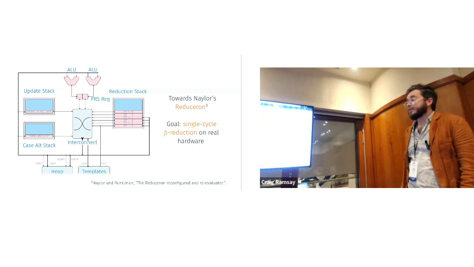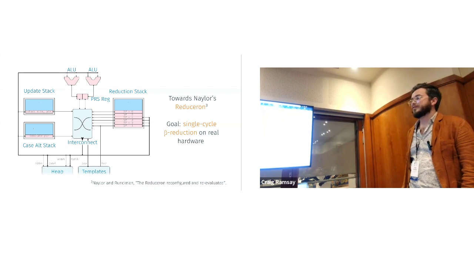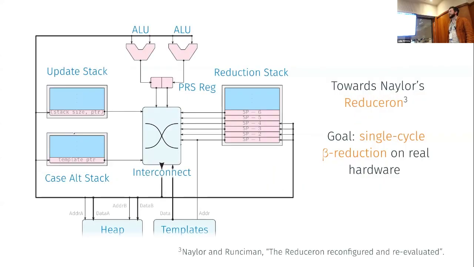The other thing they introduce is, you'll notice there's a new case alternative stack. They made the choice of actually having first-class support for data constructors and case expressions. Previously, that was all just encoded as lambda calculus stuff. So that gets you a slight win.